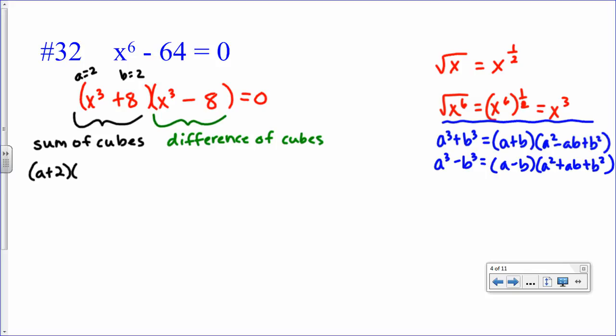So a squared minus 2a plus 4, b squared, which is 4. Oh, yes, sorry. Yeah, I switched my variable from x to a. X plus 2, x squared minus 2x plus 4. Yeah, thanks.